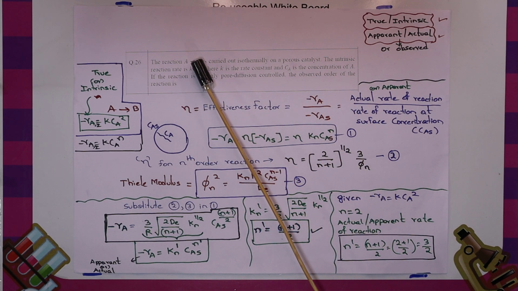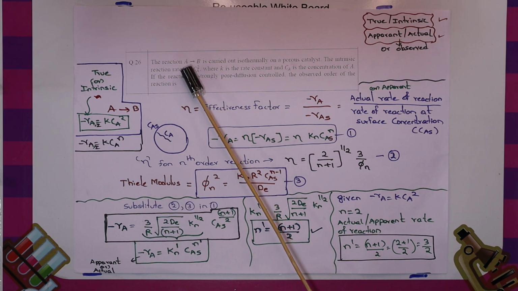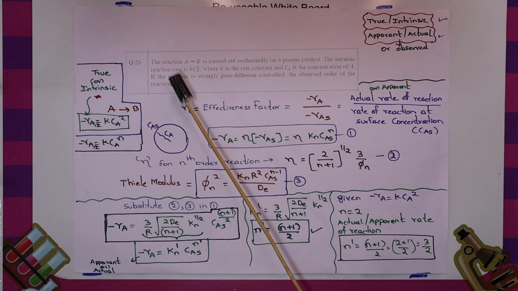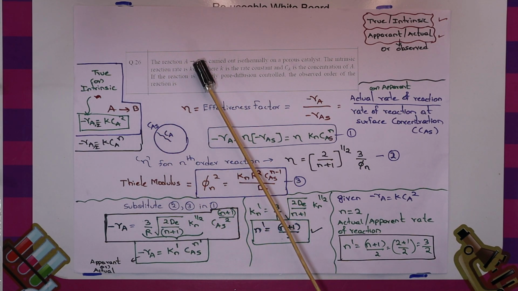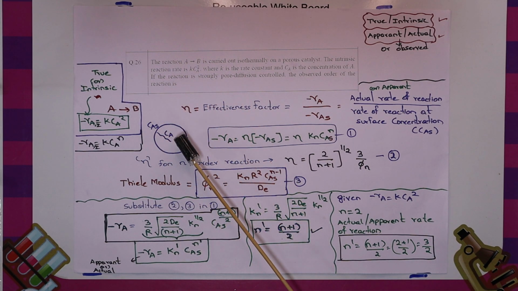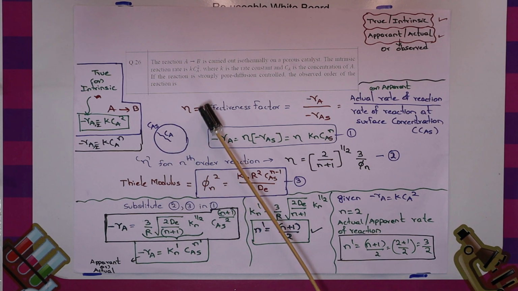The actual order is for A gives rise to B. This is the actual order of A. If it is an elementary reaction, the order of the reaction is 1 here. That is the true rate. This is the actual reaction that is supposed to happen in the catalyst, right?